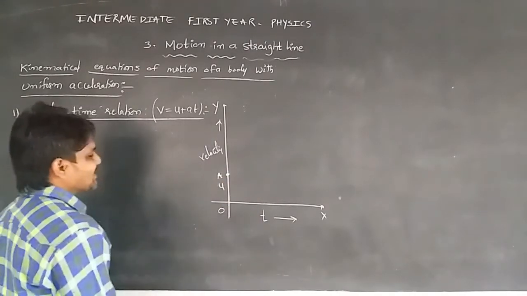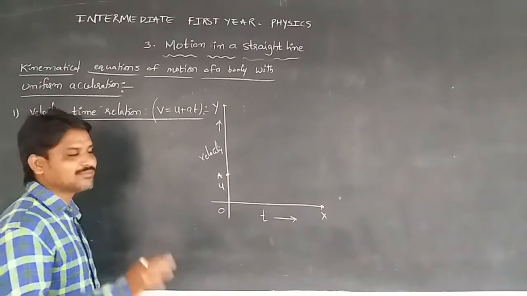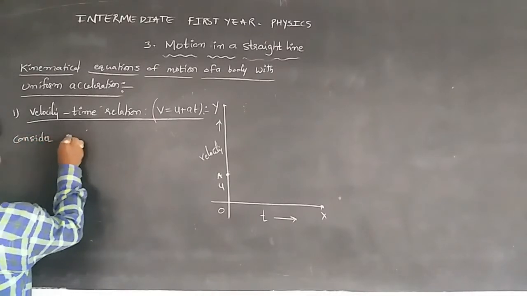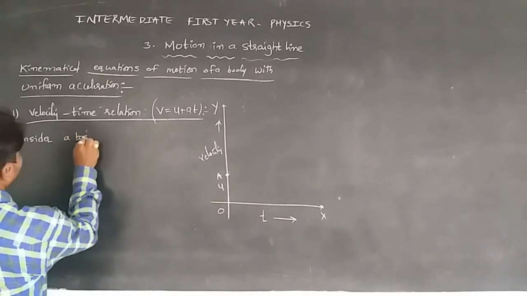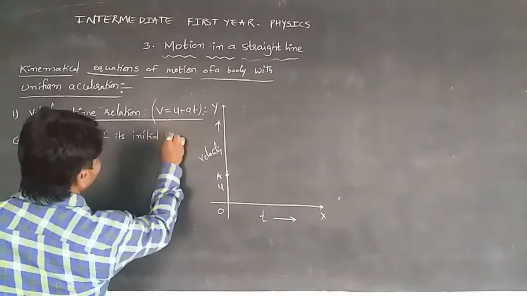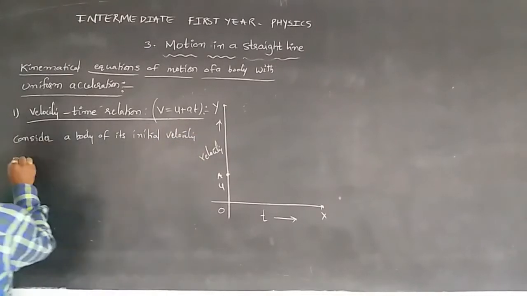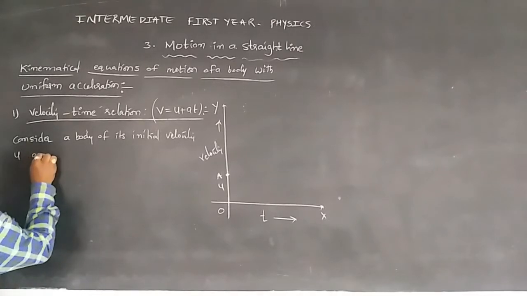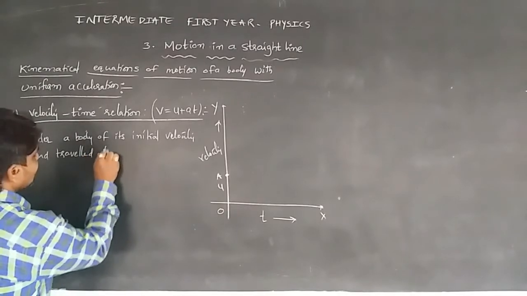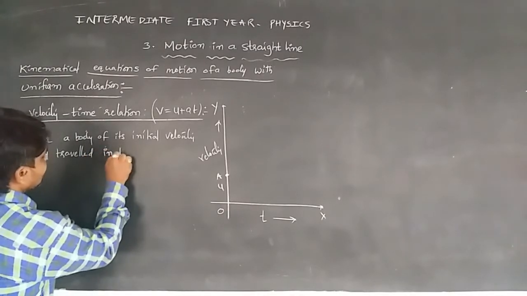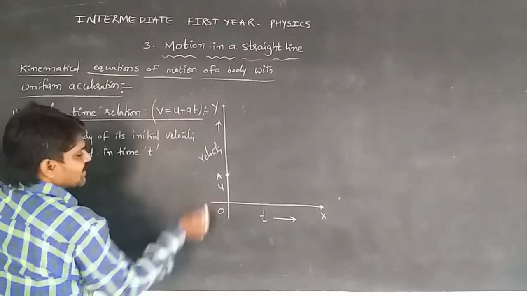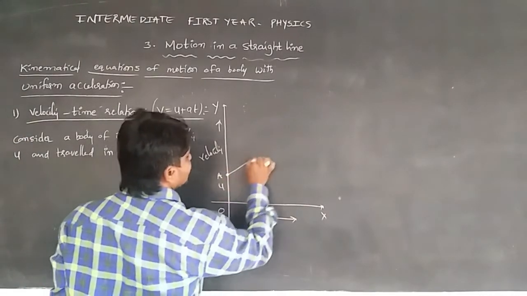After traveling some distance in time t, consider a body of initial velocity u, and traveled in a time t. In time t means it traveled for some time t.